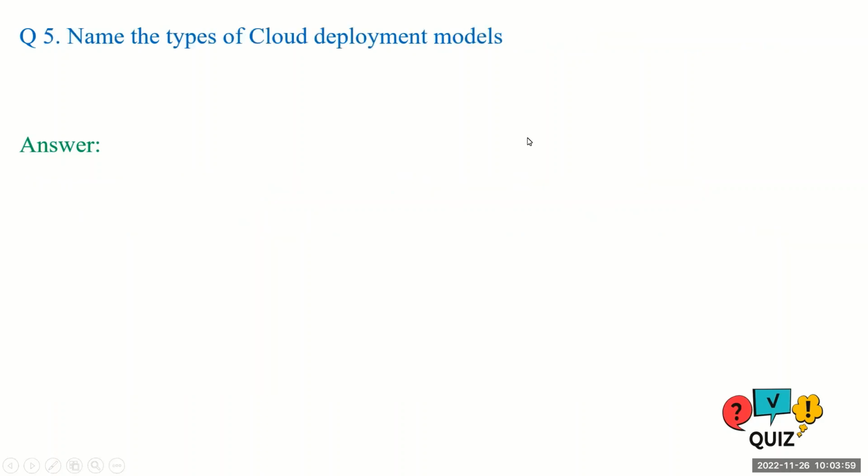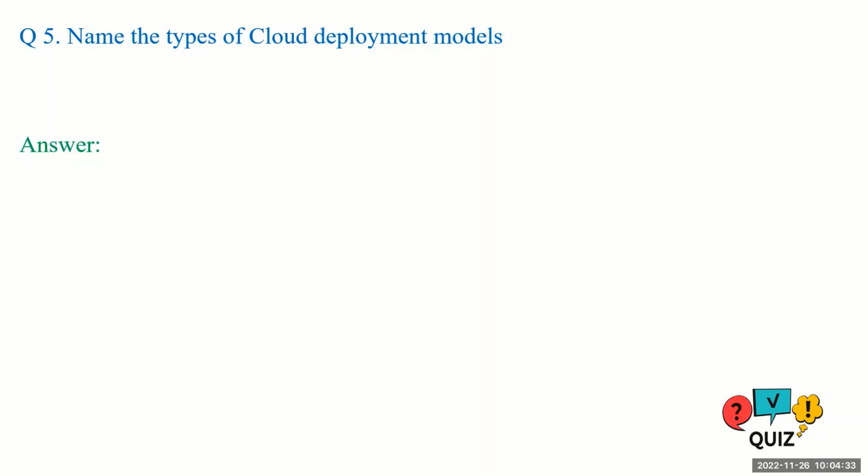Name the types of cloud deployment models. It should be free tier, pay as you go. We have two types, right? One is a cloud deployment model and cloud delivery model. Cloud deployment is the one where you want to host your web servers, where you want to host your data center in the cloud.